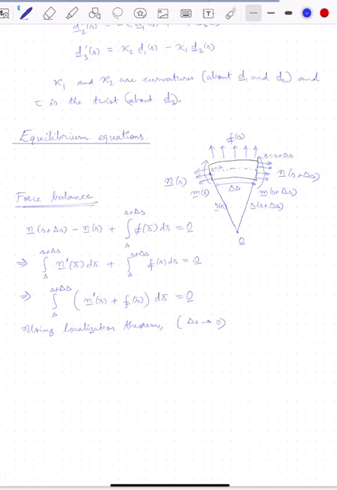And for the integral to be 0, the integrand has to be 0. So this is what the localization theorem is. Therefore, n prime of S plus f of S equals 0. So this is the force balance equation.